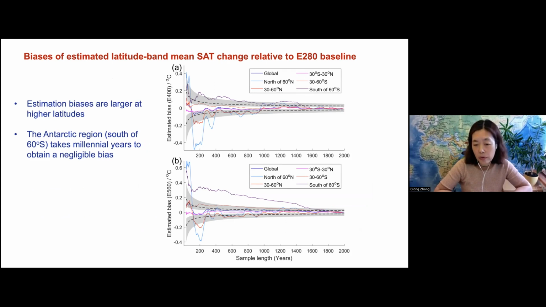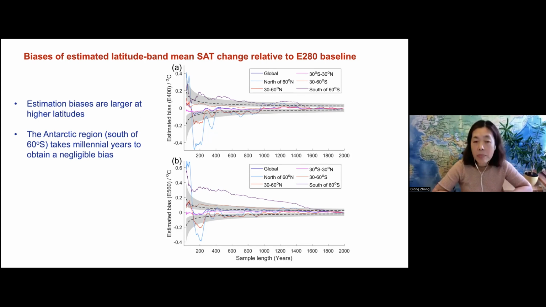And in our model for the Antarctic, if you look at panel B, it will take maybe 1,000 years to really get a good estimation and reduce all this bias. So this is something I think is quite important for the upcoming CMIP7 and how we are going to define what is equilibrium and how we are going to deal with this.